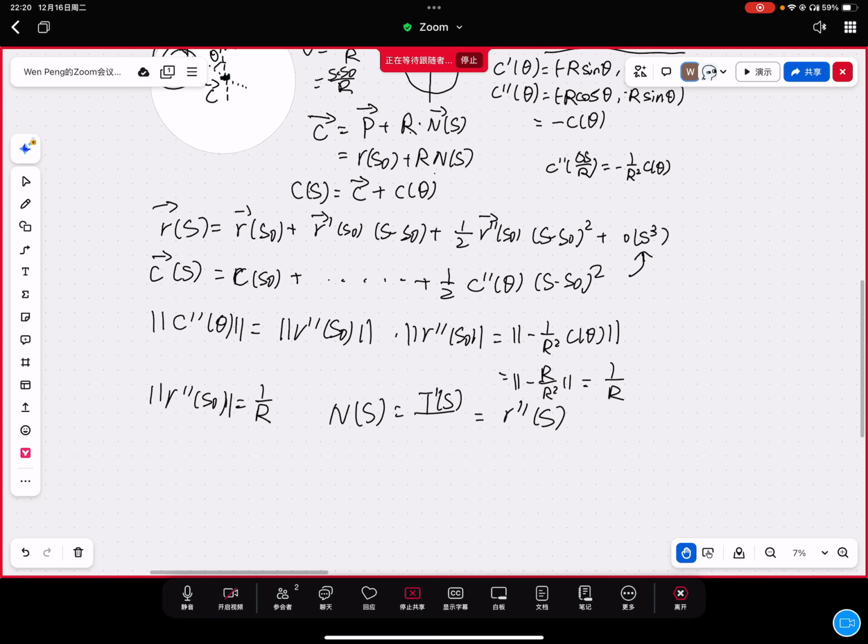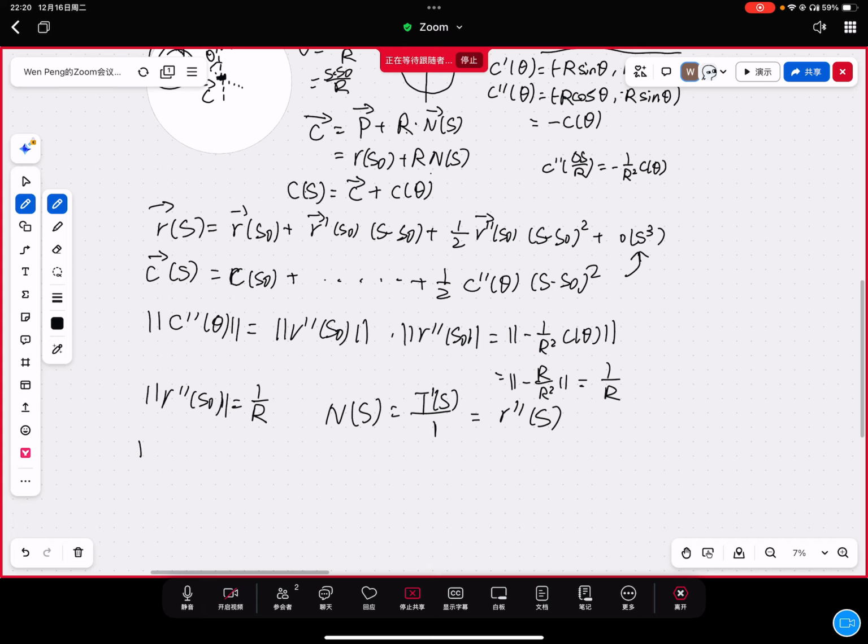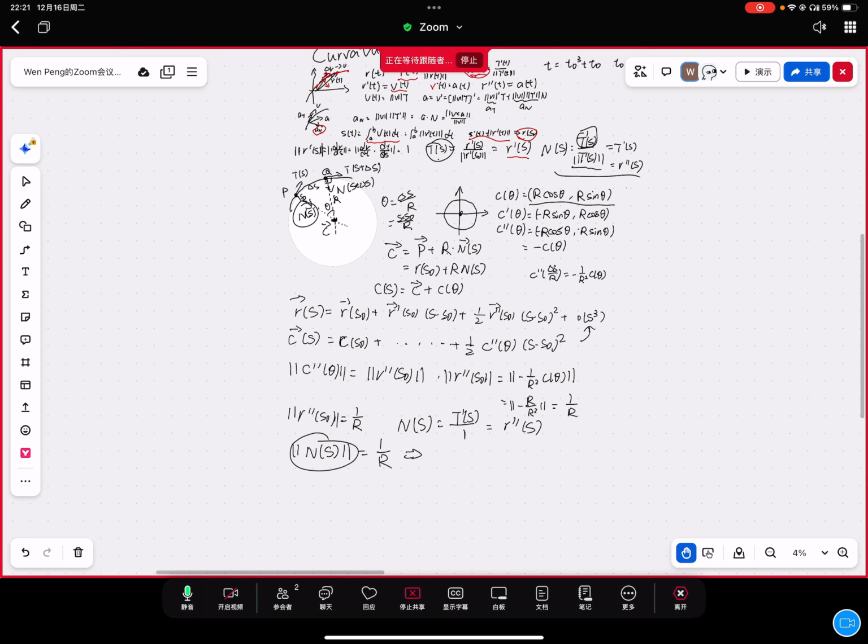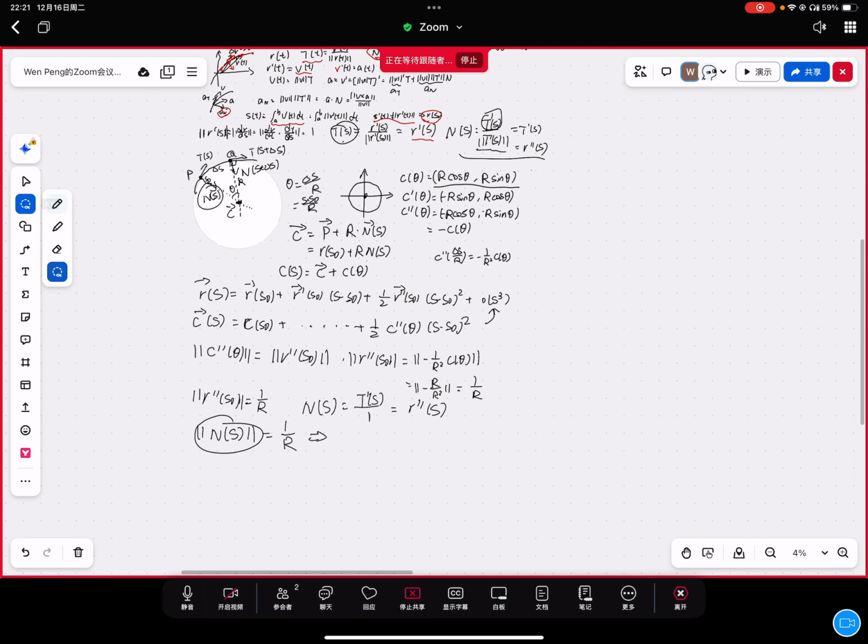And so here we get that its magnitude is 1 over r. With the magnitude, we can determine how sharply it turns. Using algebra seems a bit abstract if we want to determine the curvature, but it's actually very accurate, and we can use this to prove it by epsilon delta.